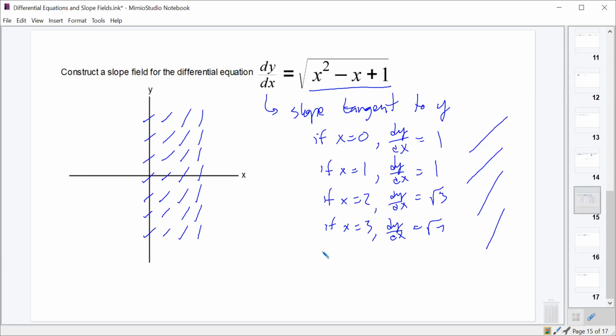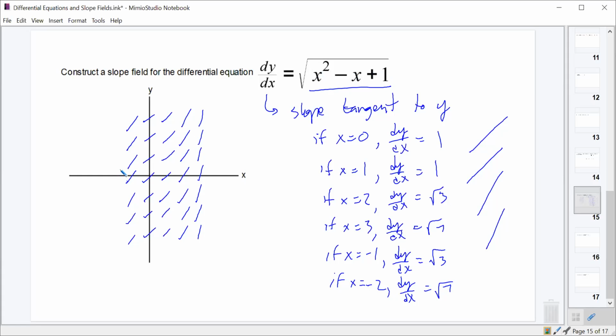What about if we go the other direction? For example, with x equaling -1, what would dy dx be? That should be 1 minus -1 plus 1, root what? Root 3. So back to the same as where x equals 2. So a little steeper than 1. And if we continue moving to the left, when x is -2, what does dy dx equal? -2 squared is 4, minus -2 is 6, plus the 1 is 7, so root 7.